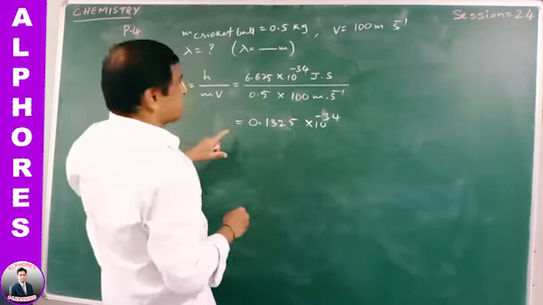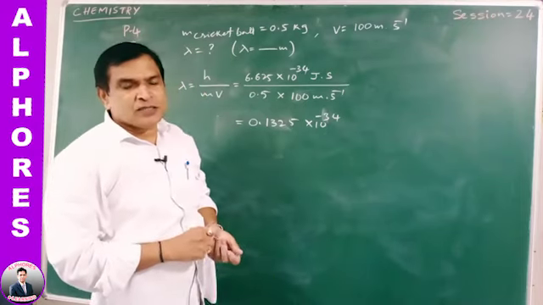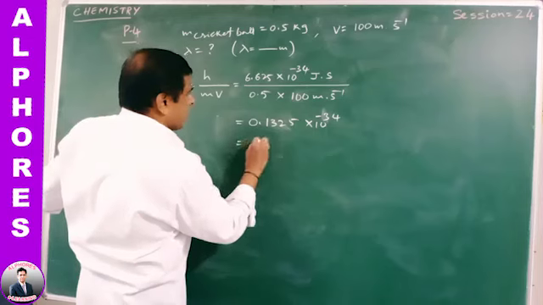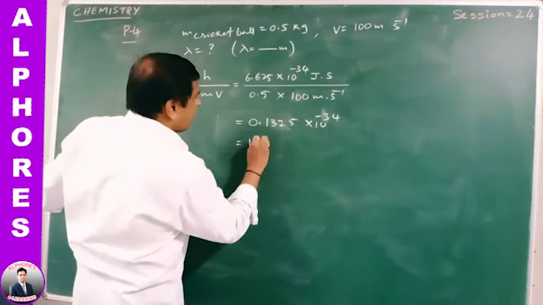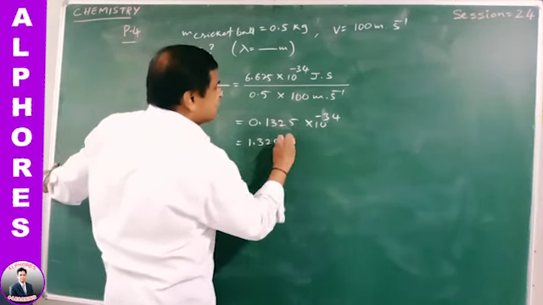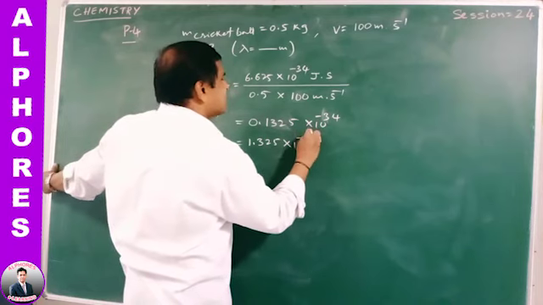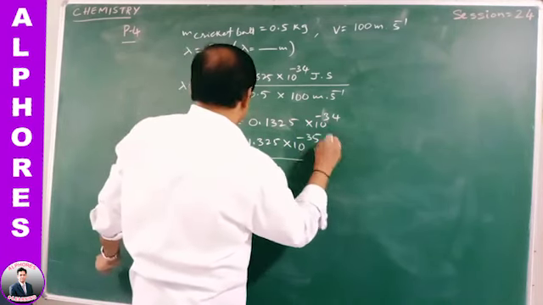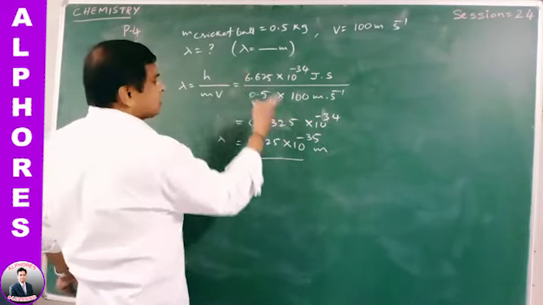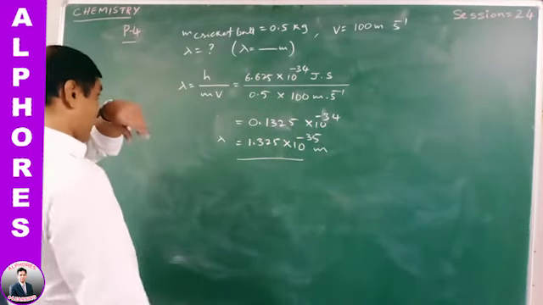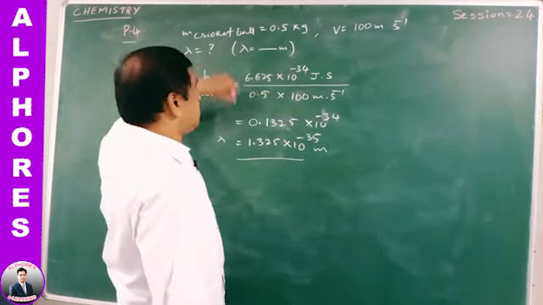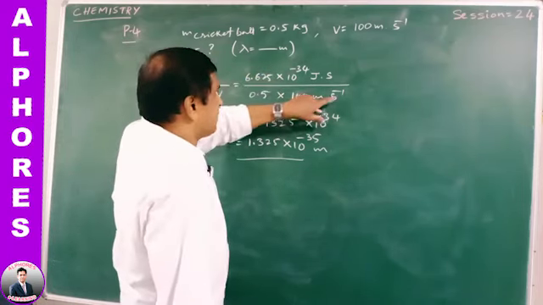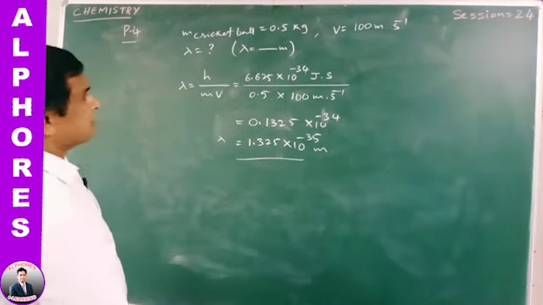Or when you take the decimal, it is 1.325 into 10 to the power minus 35, in meters. Lambda is in meters because the kg gets cancelled and it becomes meters.